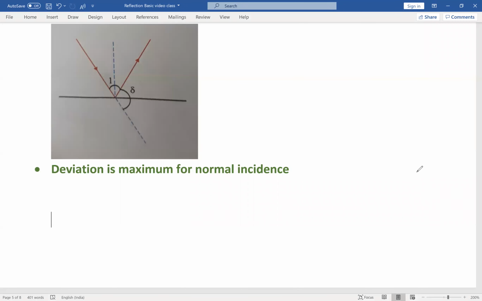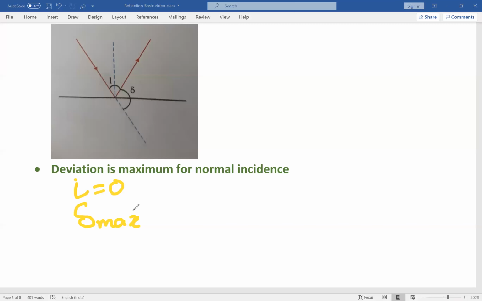For normal incidence, what is the angle of deviation? We know that for normal incidence, the angle I is equal to 0. So delta will be maximum because I is 0.